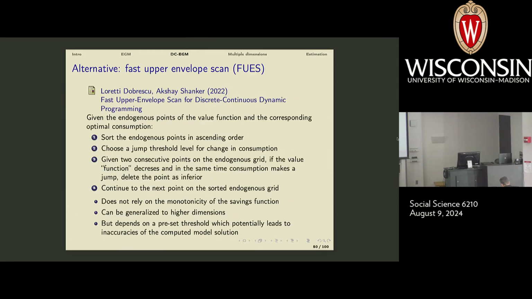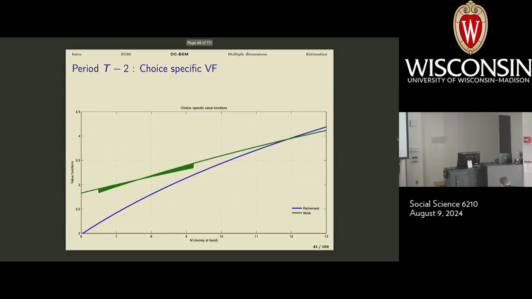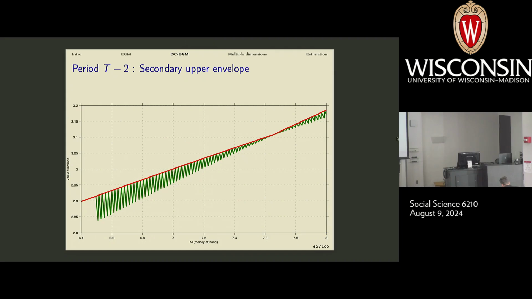There is an alternative way to detect kinks, which does not rely on the monotonicity of the savings functions, which could be useful in other applications, in some other settings rather than consumption savings. It has to do with looking at this picture here.